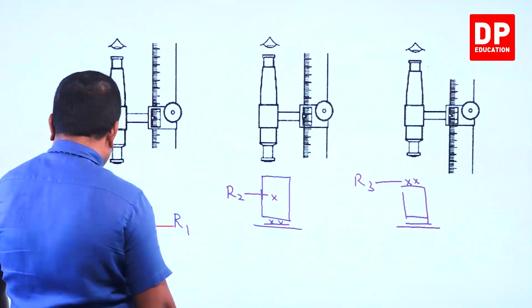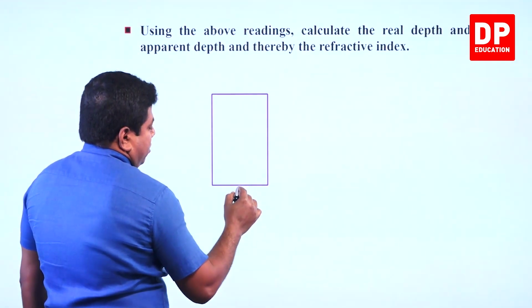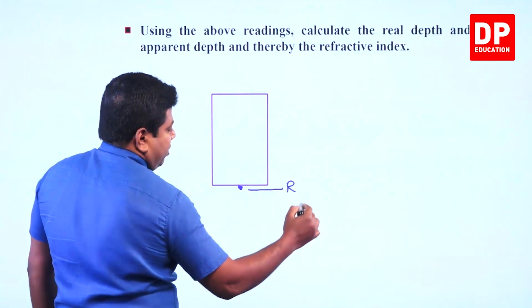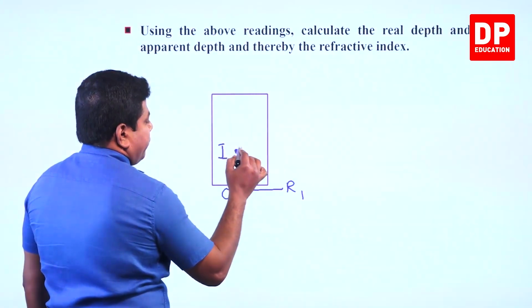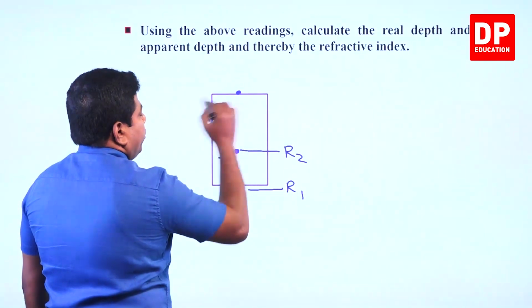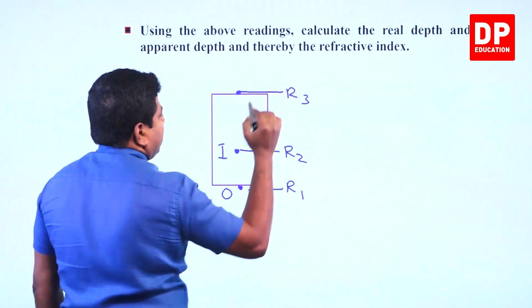I'll show. Let me put all of them in the same diagram. Look at this. This is my glass block. This is where the original reading was taken, R1. Then the image is here. This is object, this is image. For this image, you are getting R2. And then you keep the lycopodium powder on top of the glass block and get R3.